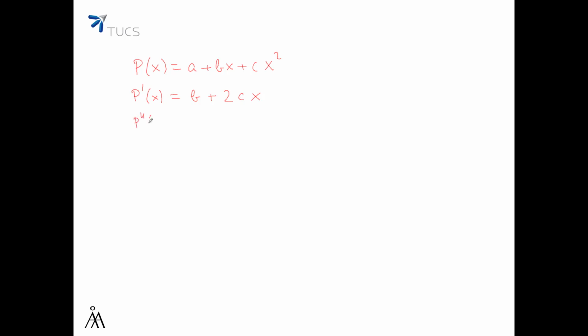The second derivative is 2c. And the third derivative is 0. We only have the data points, but from them we can approximate the values of the first derivative by simply taking the so-called divided differences. Here is what this means.